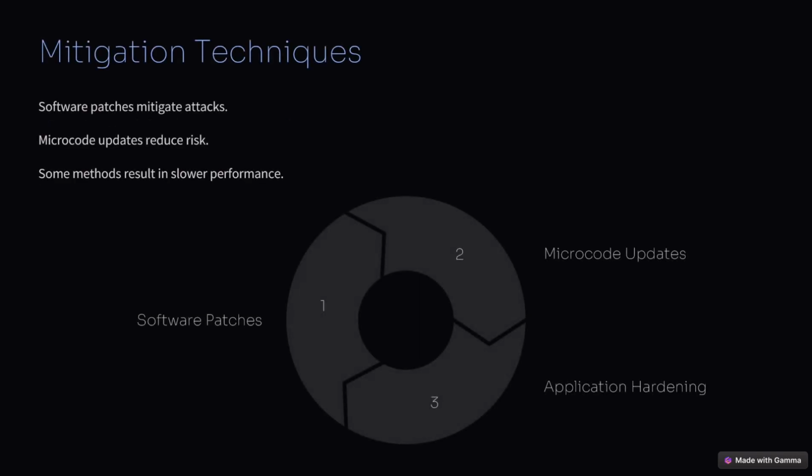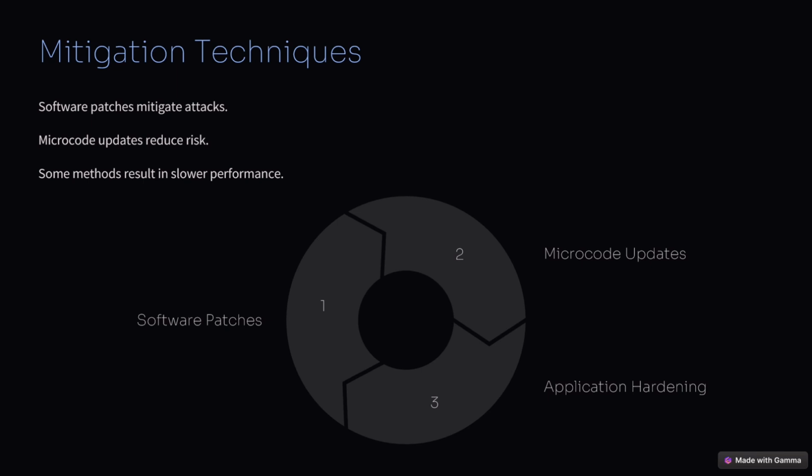Coming to the next, it is mitigation techniques. To counter these vulnerabilities, various mitigation strategies have been implemented. Some of them are software patches. That means operating systems and applications have received updates to block these attacks. The second one is microcode updates.